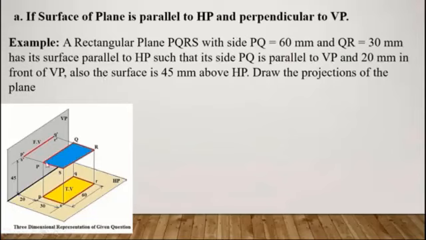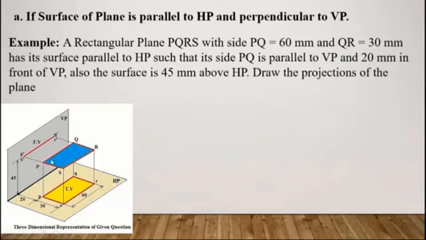Now we are talking about this plane PQRS, the blue one. Here PQ is mentioned as 60 and QR is mentioned as 30 mm. So QR and PS both are 30, PQ and RS are 60. Now here it is being said that PQ is parallel to VP and 20 mm in front.